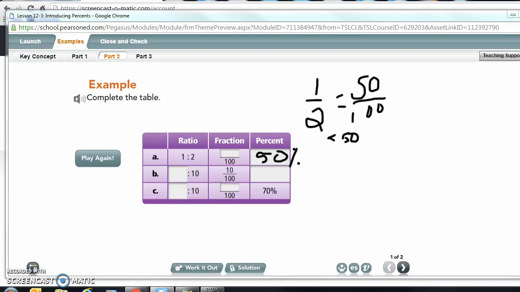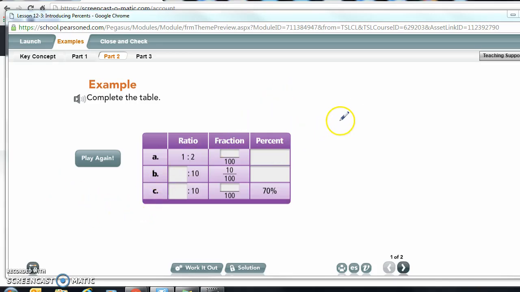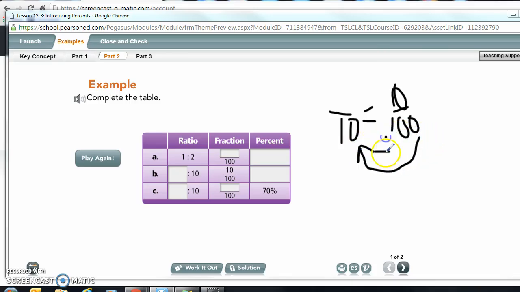Okay, let's try this next one. Blank to 10, so I'm going to have a number over 10, is equal to 10 over 100. So you need to ask yourself, how am I going to figure this out? Well, to get from 100 to 10, I know I'm getting smaller, so I must be dividing. I'm dividing by 10.